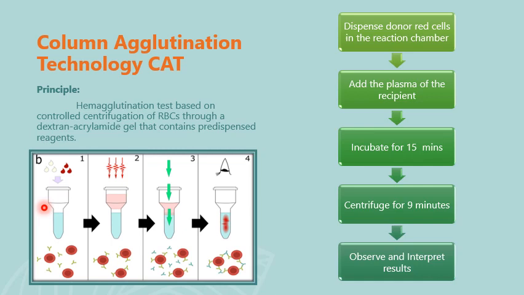The card is then incubated and the cells and plasma interact. After incubation, the card is spun in the centrifuge. If there are sensitized red cells or agglutination, the gel will trap them, and if walang agglutination, the red cells will settle down at the bottom of the microtube.